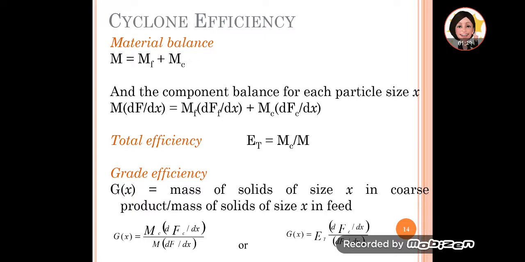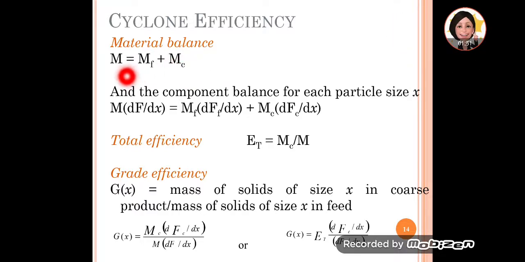Let's look into the cyclone efficiency. The total material that is found in a cyclone is the total of fine product and coarse product.